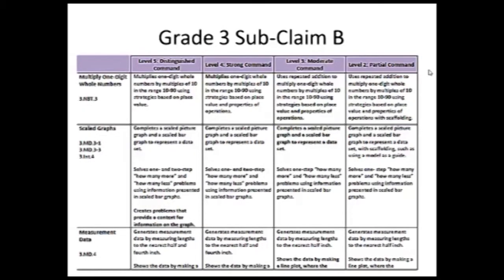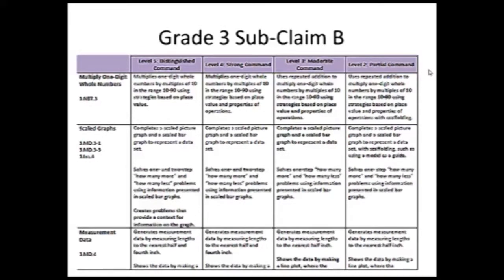You also see a focus on scaled graphs, on measurement and data, understanding shapes, perimeter and area, and particularly with perimeter and area, you want to focus on looking at shapes that have the same perimeter in different areas, or the same area but different perimeters.